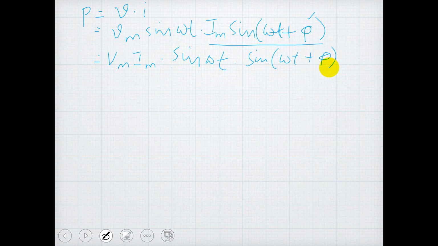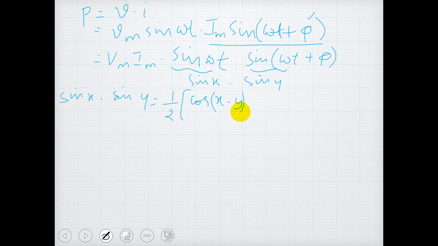So this is in the form of sin x into sin y, correct? Earlier also we have discussed this formula, sin x into sin y. So we can write sin x into sin y as half of cos of x minus y, minus cos of x plus y.